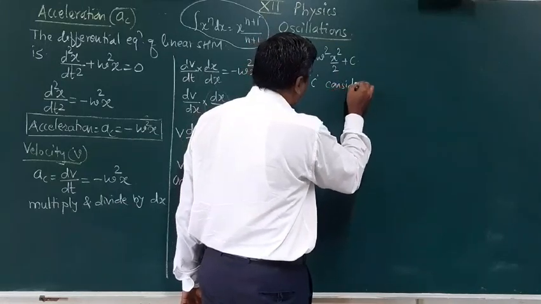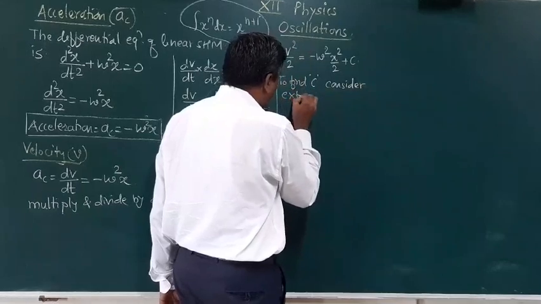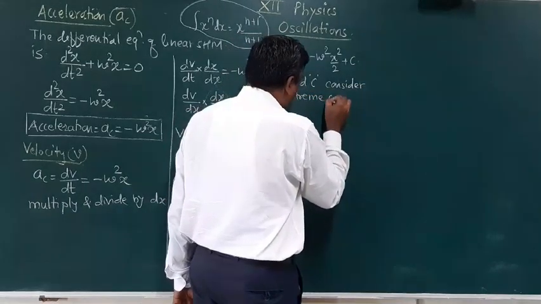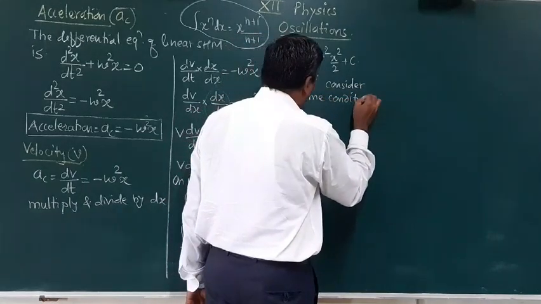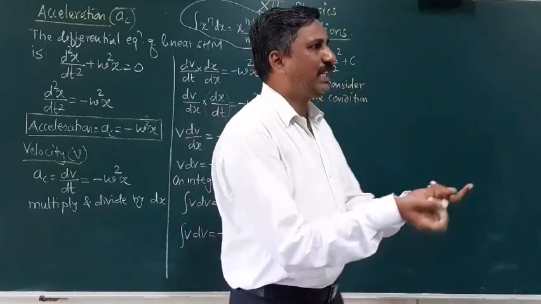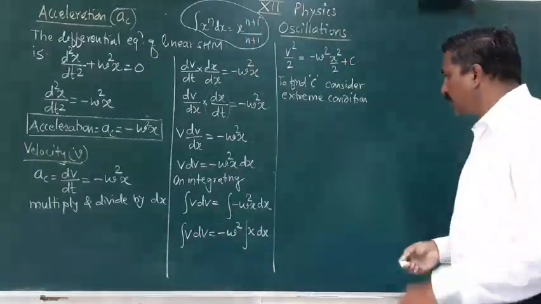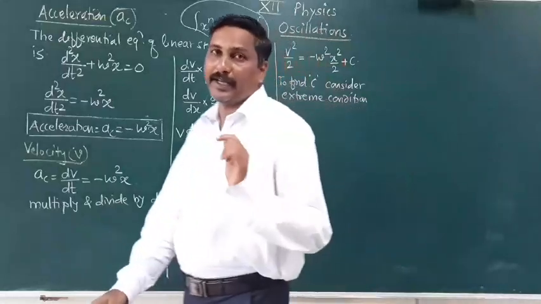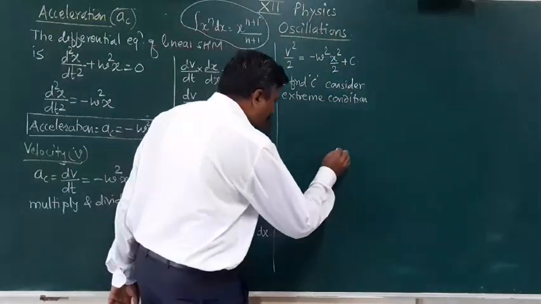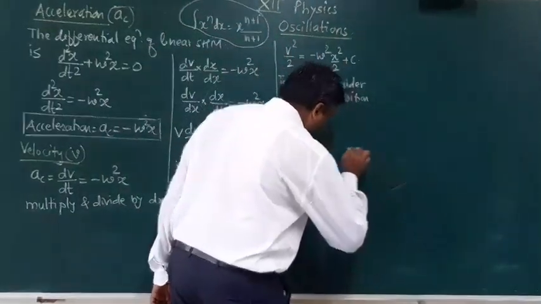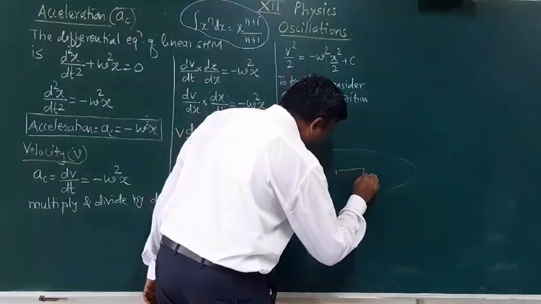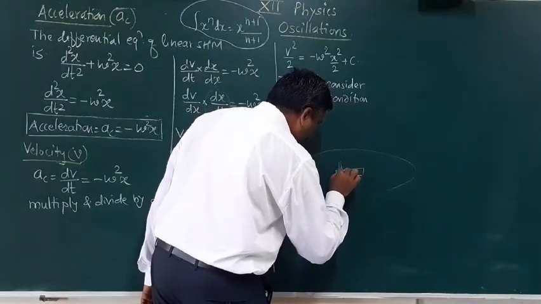Consider the extreme condition. What is the extreme condition? Just take one example of a cricket pitch. This is my cricket ground, this is the pitch, and the batsman is present.